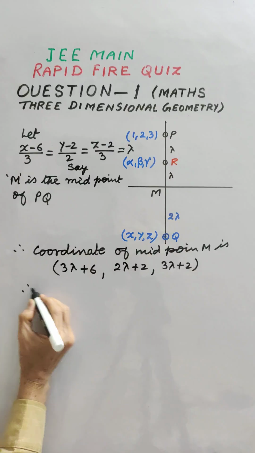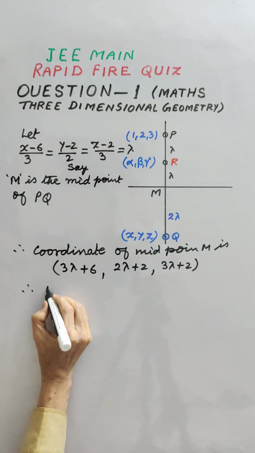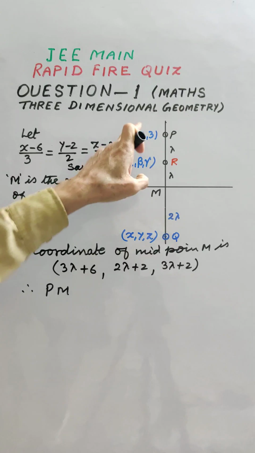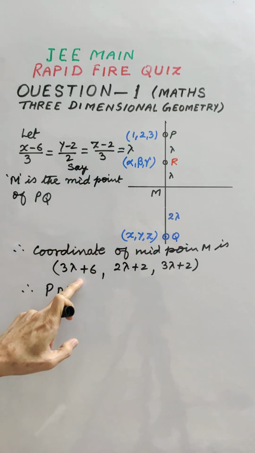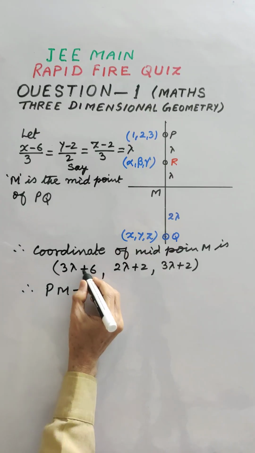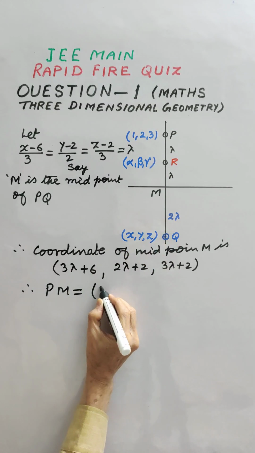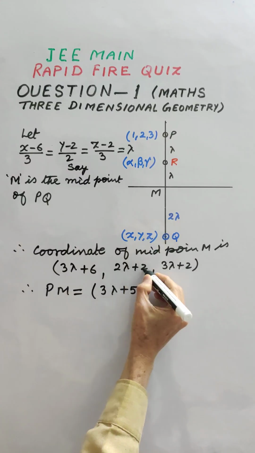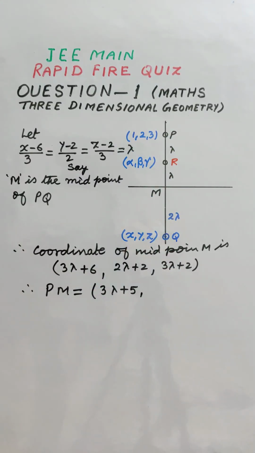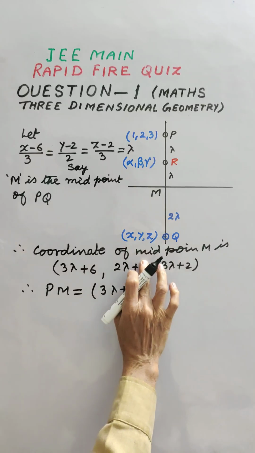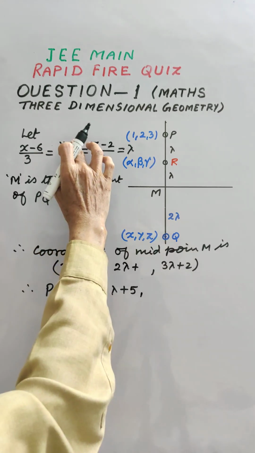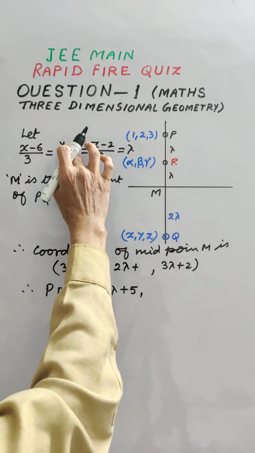So therefore distance PM: the x coordinate is 3 lambda plus 6 minus 1, which will be 3 lambda plus 5, and similarly for y, 2 lambda plus 2 minus 1, sorry, it was by mistake we wrote minus 2.